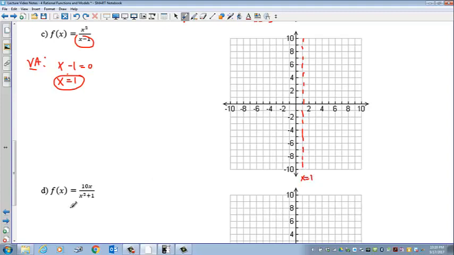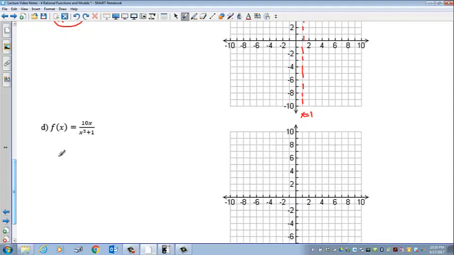And then down here, for part D, this one's kind of interesting because when you look for the vertical asymptotes, of course you take that denominator and you set it equal to 0. So x squared plus 1 is equal to 0. And you try to solve this for x, so you can't really factor it. So maybe you think I can move it over, so you subtract 1 from both sides, take the square root, plus or minus the square root of -1.